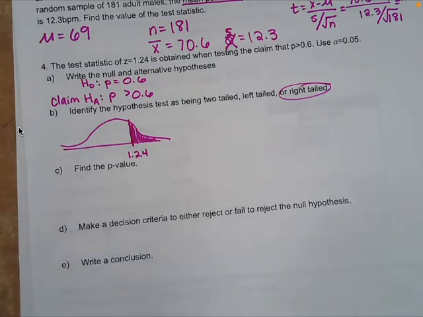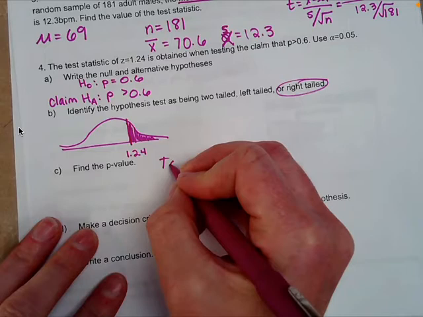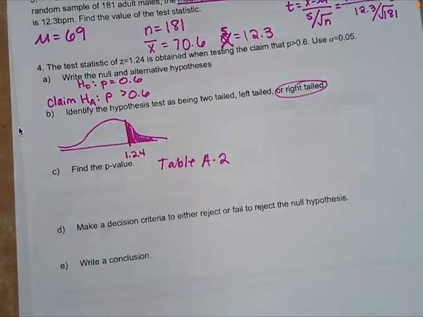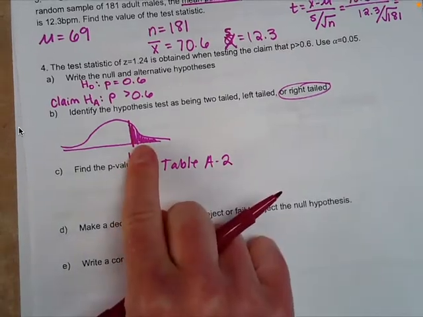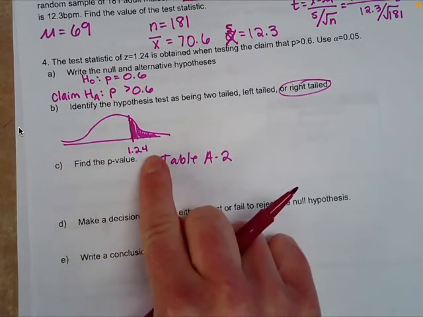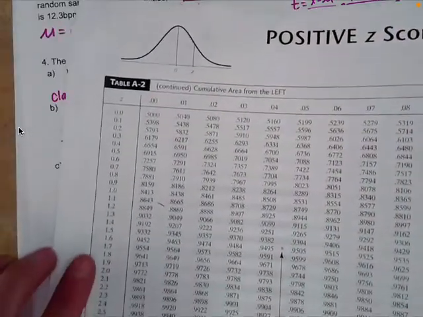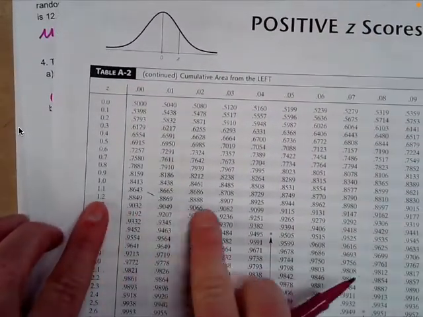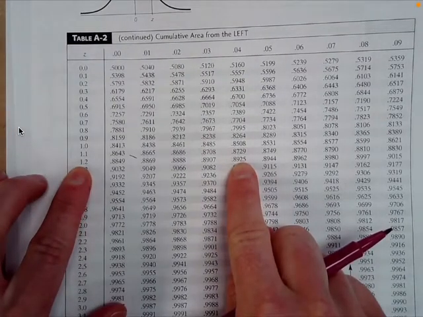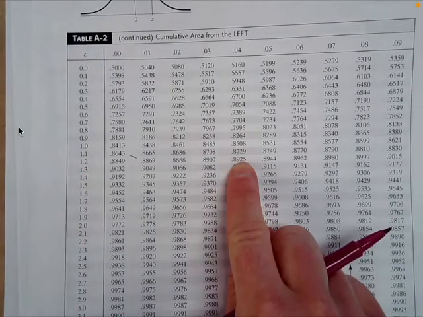And now we need to find the p-value. So we're going to use the table, A2. Because we're looking at area to the right, we need to find what's on the left and subtract it from 1. So 1.24, 0.8925.